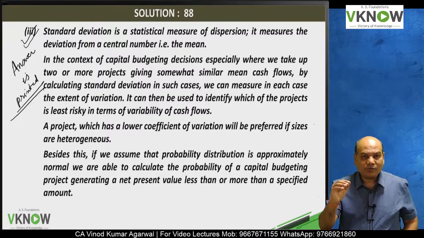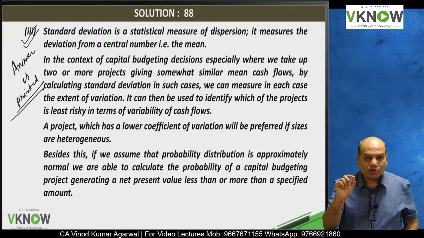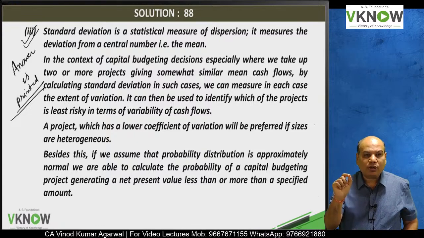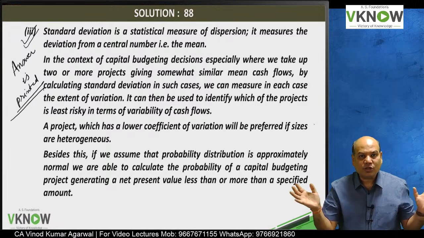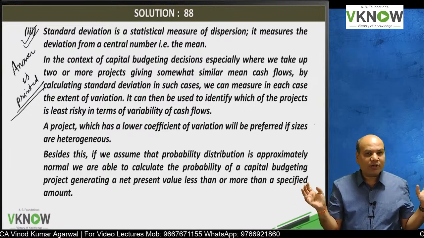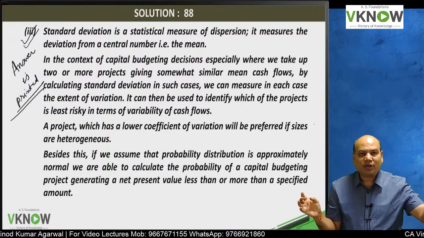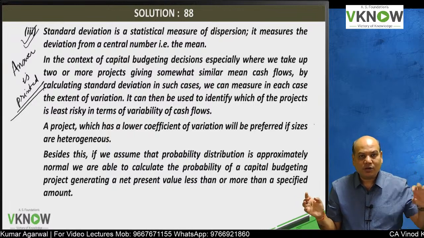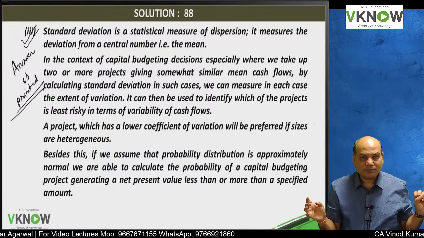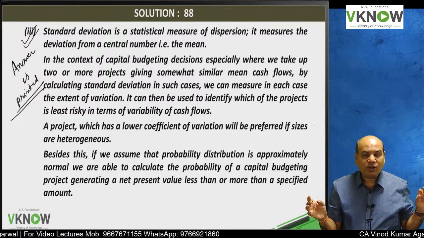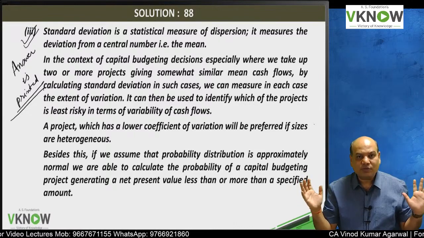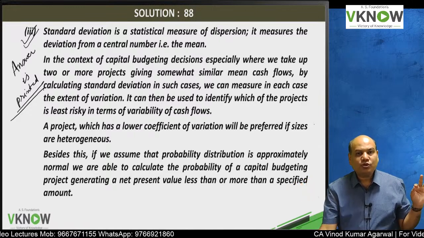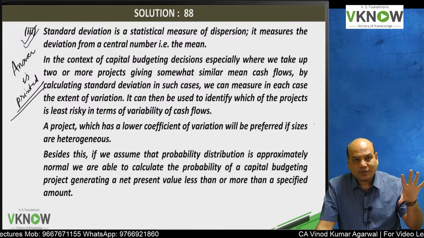Second benefit, which we have seen today, is you can use standard deviation to compute the coefficient of variation in case of heterogeneous projects. What is heterogeneous? When the expected NPV and standard deviation are both different, then you can compute the coefficient of variation, find the relative riskiness of the project, and choose the one with lower relative risk.